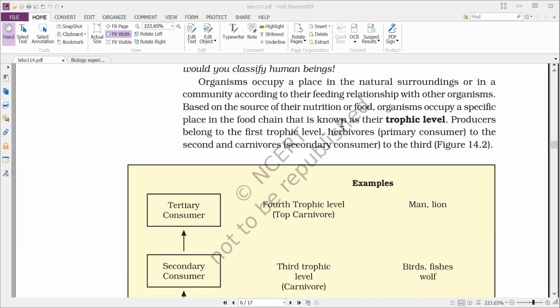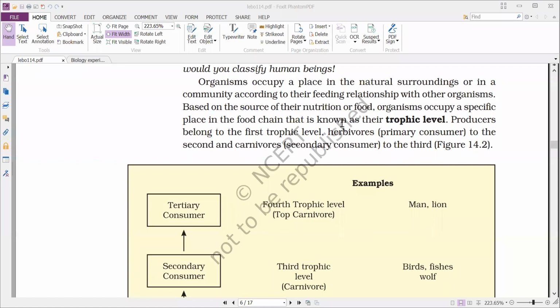If you take herbivores, for example, if deer, cows, goats, and sheep are there in that ecosystem, elephant is there, giraffe is there, these are all herbivores. That means they feed on plant material only.